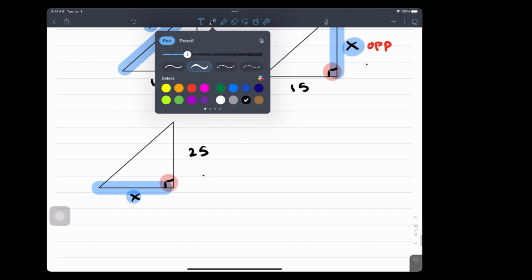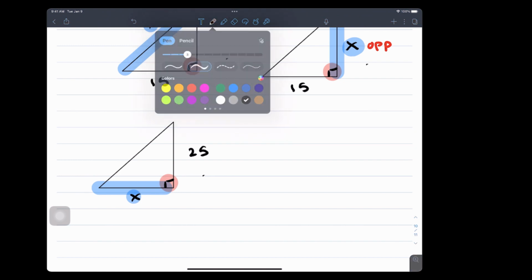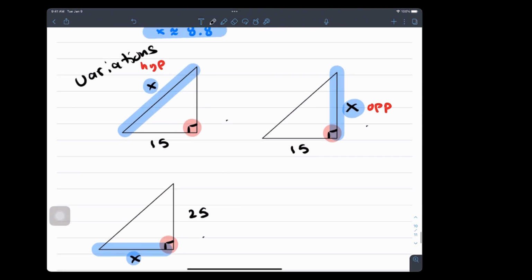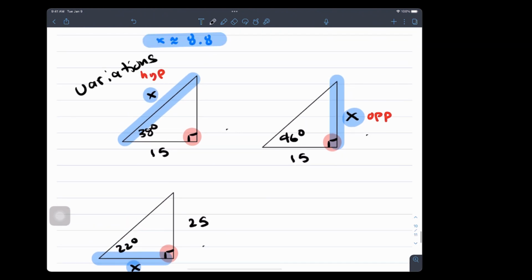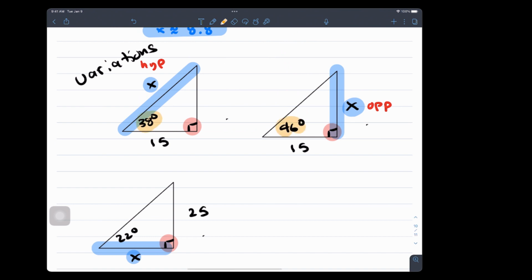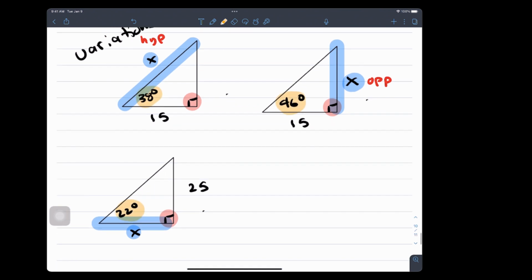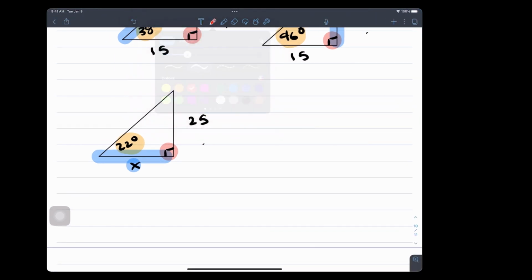Now, down here, if we have to put an angle now, we'll say we got the angles there. Maybe 38 degrees, 46 degrees, 22 degrees. We need an angle. Down here, this is the adjacent side next to the angle.